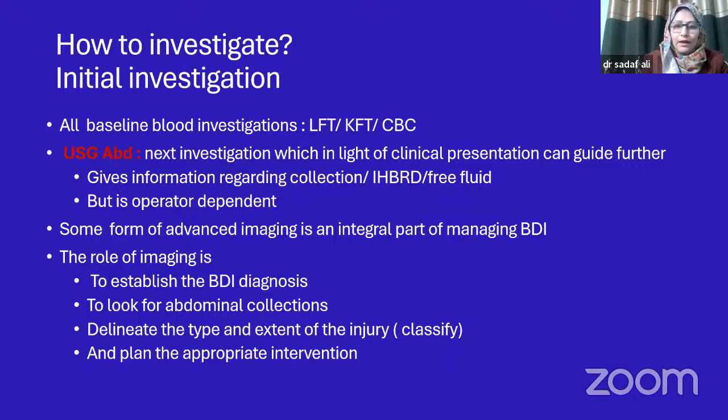In AKI, your kidney functions may be deteriorating, your counts may be high, you may have thrombocytopenia when there is already sepsis. So much of information comes from your baseline investigation.